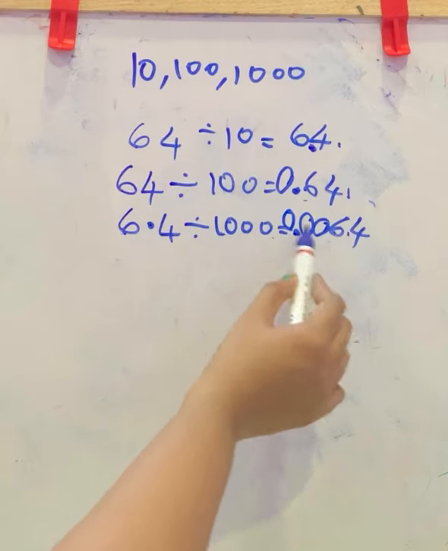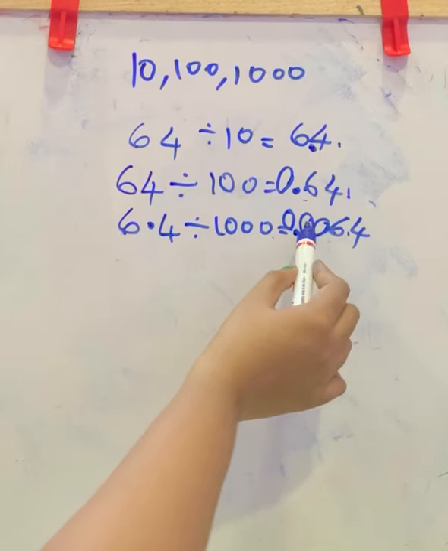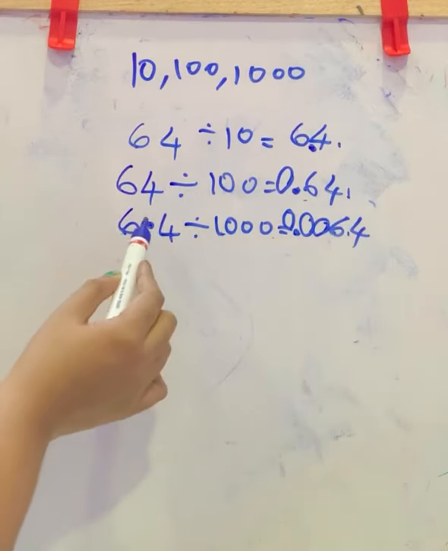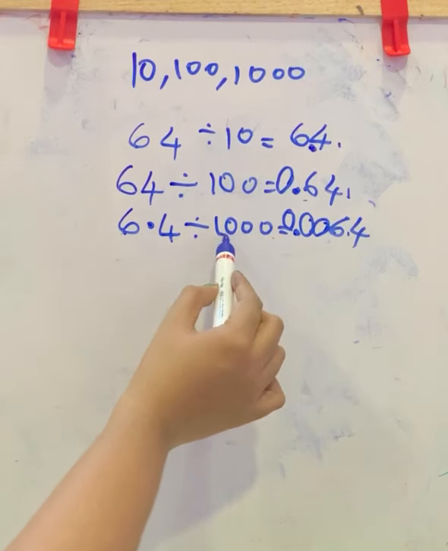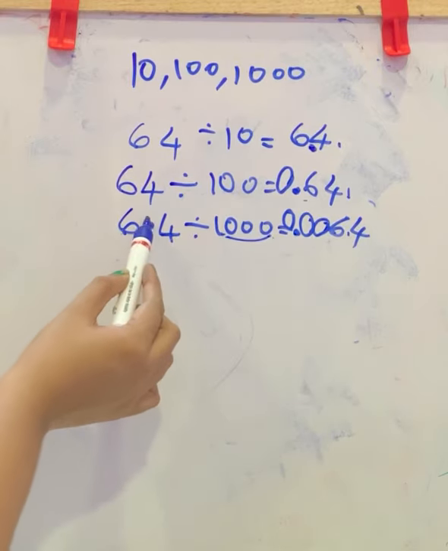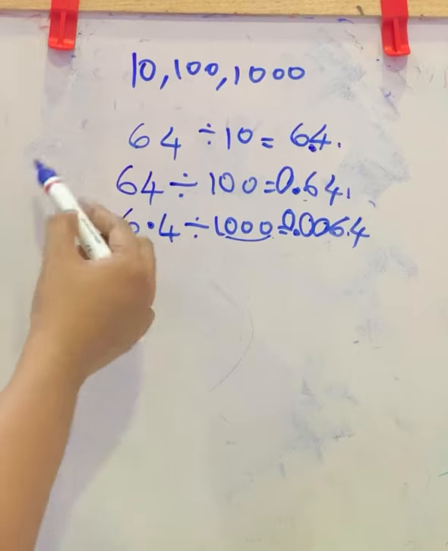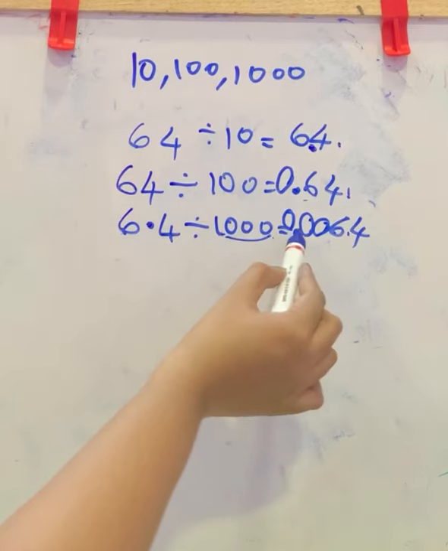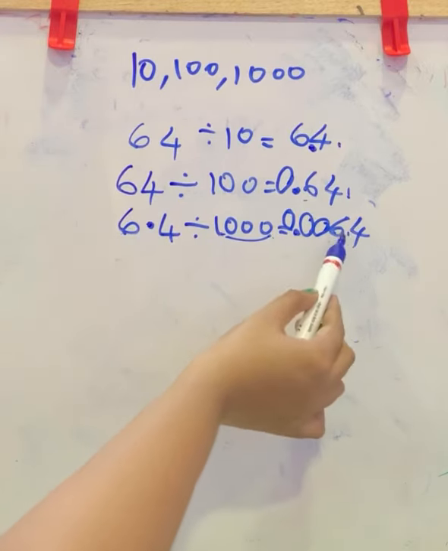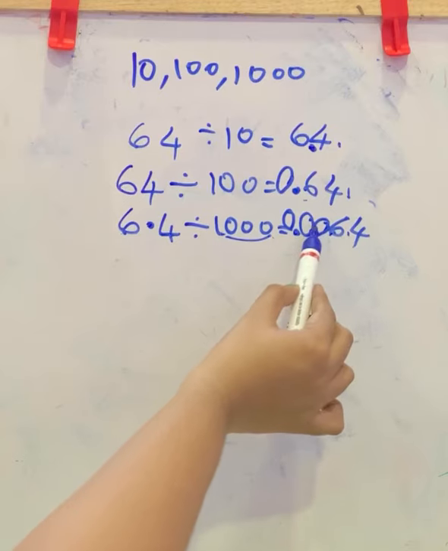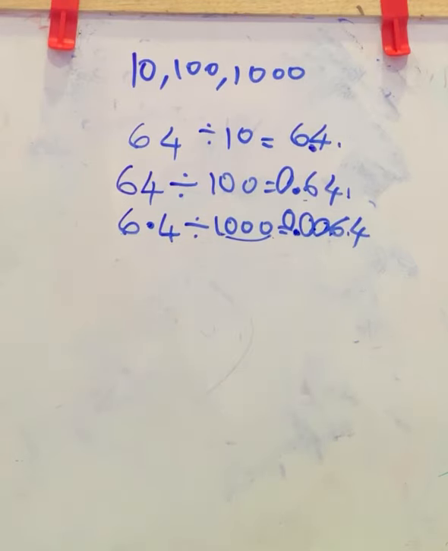So you can read the number as 0.0064. 6.4 division 1000. Here there are 3 zeros. So 3 places moving to leftward, decimal reaches here. It is one place from here, second place, third place. It reaches here.